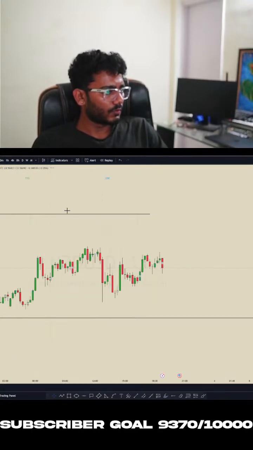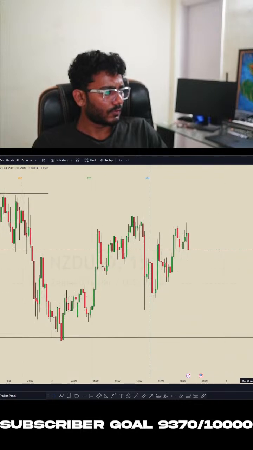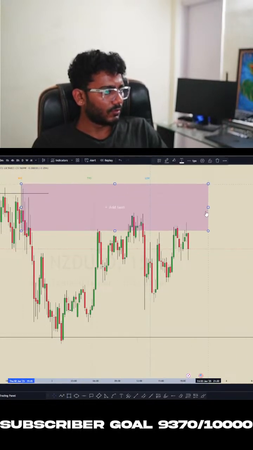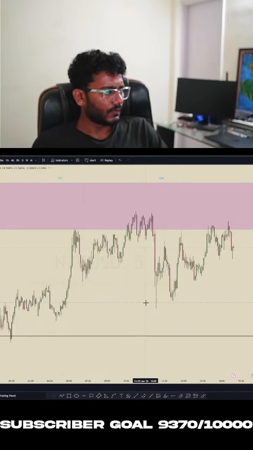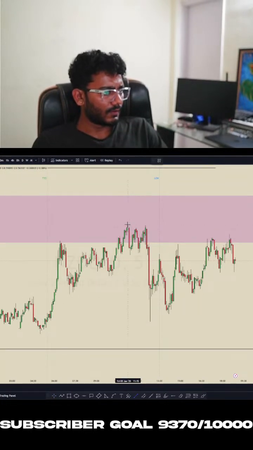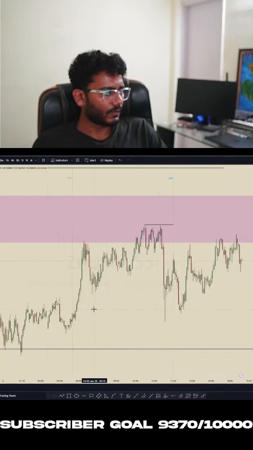So guys, price has tapped this order block. Go to 5 minutes. You can say there is liquidity above this high.